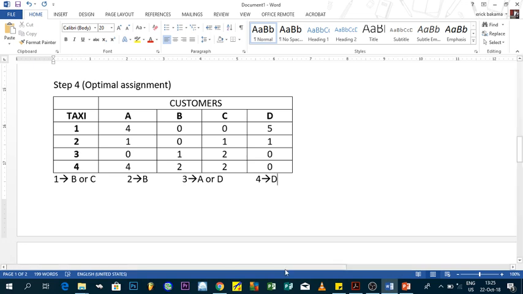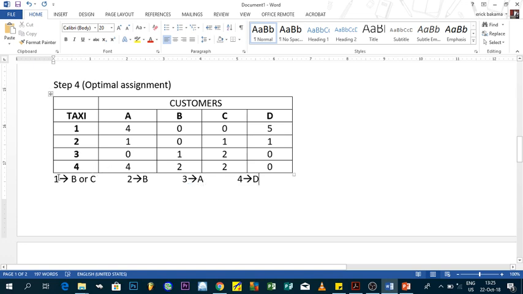So the good thing is 2 is already allocated to B, so it's fine. 4 is already allocated to D. So we are left with A and B. Customer 3 cannot be allocated A or D because D is gone already to 4. That means customer 3 can only get A. So we remove D because it is already for 4. Because 3 can do A and D and 4 can only do D, we give D to 4 and 3 is going to be left only with A.